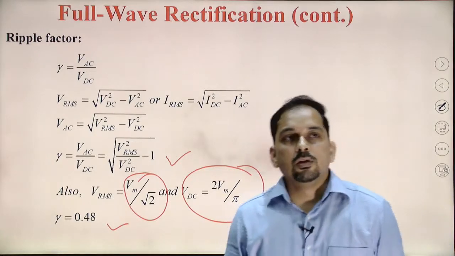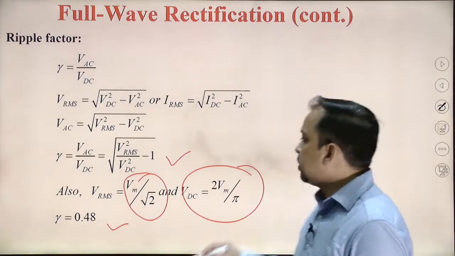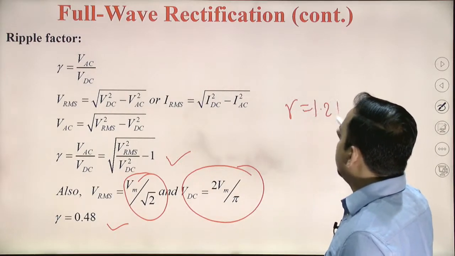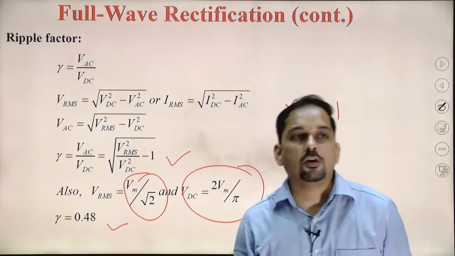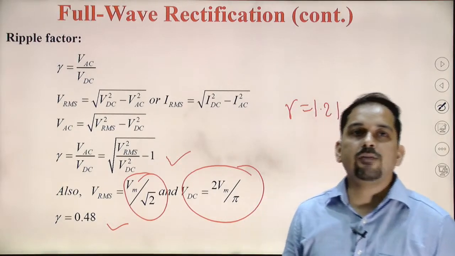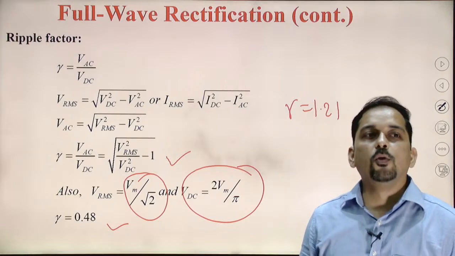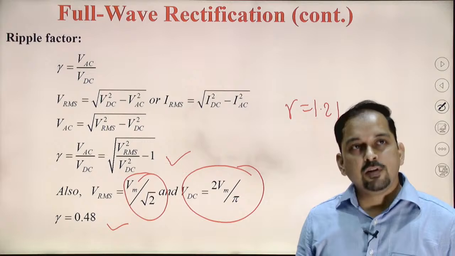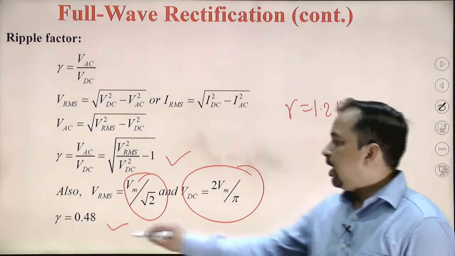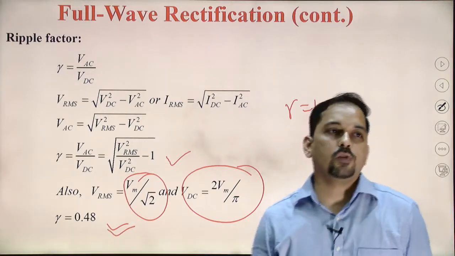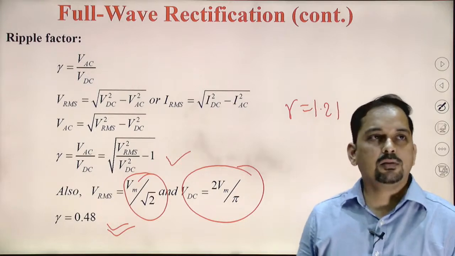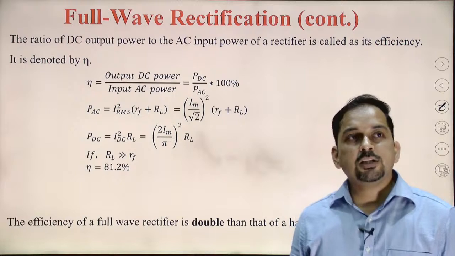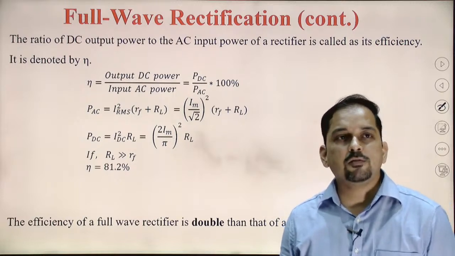If we compare this with the half wave result, where we got a ripple factor of 1.21, for full wave we get 0.48. A higher ripple factor shows that there are more ripples present in the output waveform. So we can say that the full wave rectifier has fewer ripples as compared to the half wave rectifier.